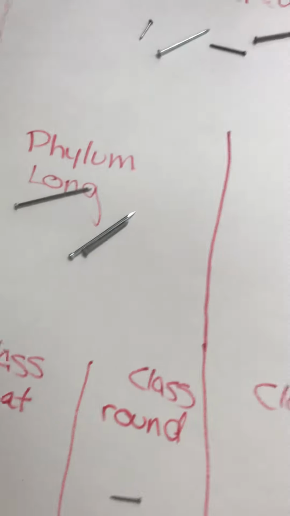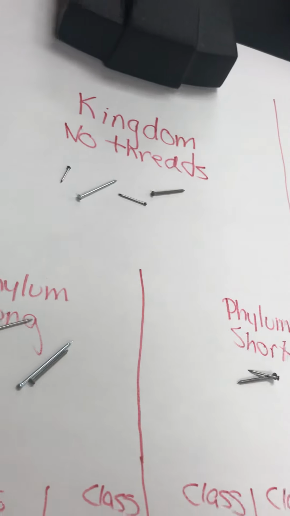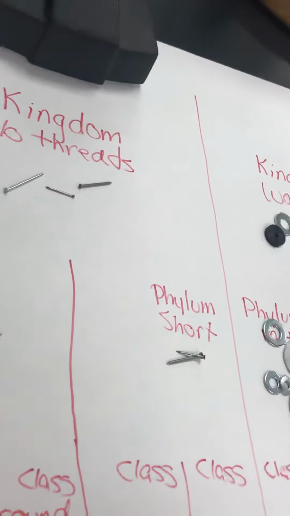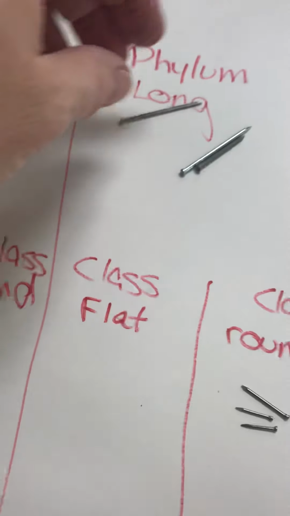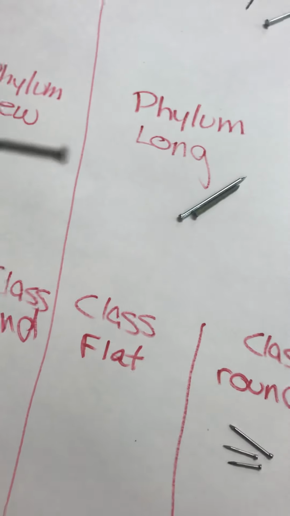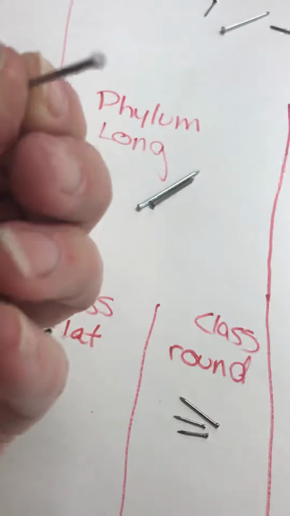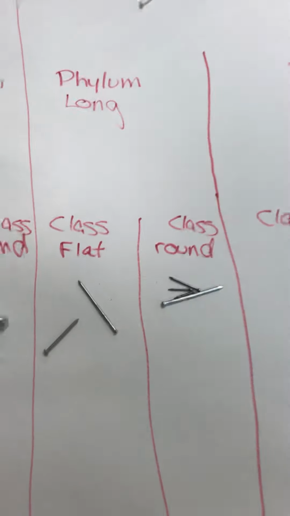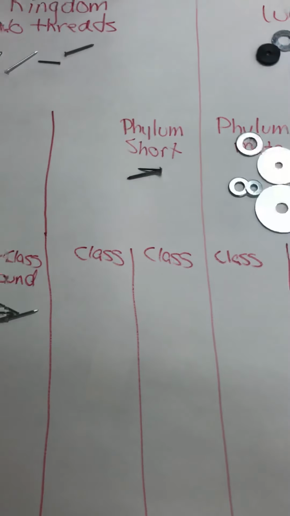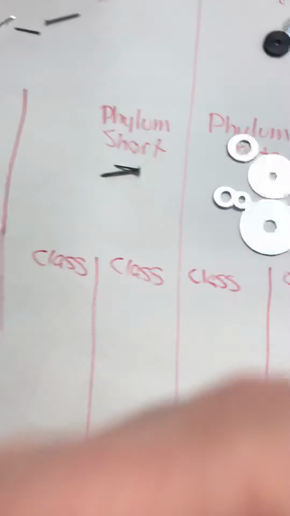So those would be rounded. Let's see if I can find a better example. This one maybe. See how rounded that is? These heads are flat. They have a flat surface that you can hit it with a hammer. So flat and round.